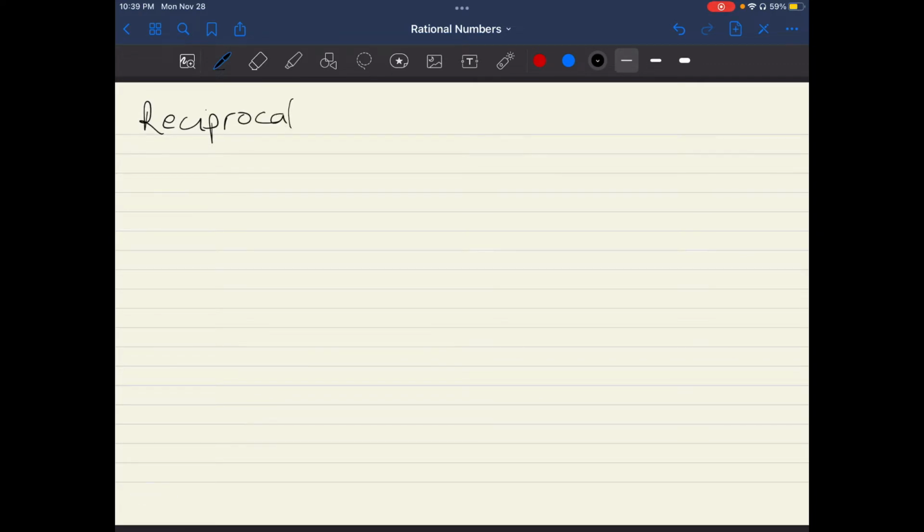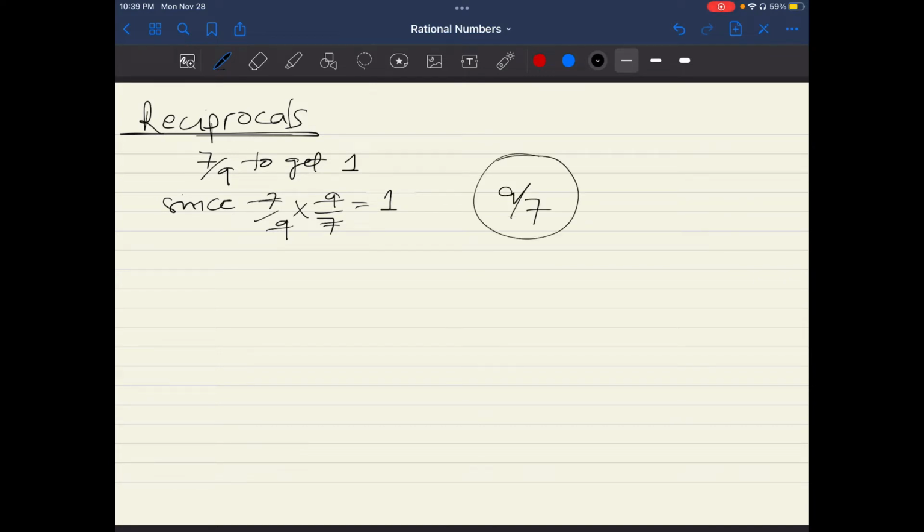Now let's talk about reciprocals. What are reciprocals? What number should you multiply with 7 over 9 to get 1? Now, since 7 over 9 times 9 over 7 equals 1, we can say that we should multiply 9 over 7 with 7 over 9 in order to get 1.